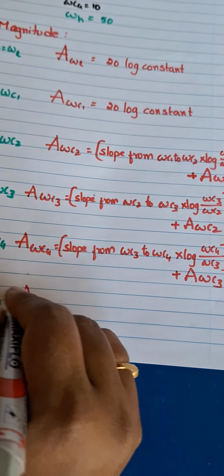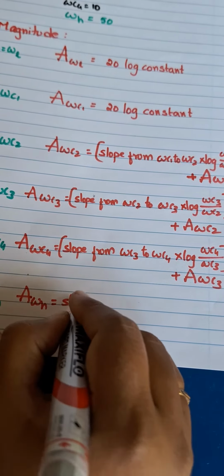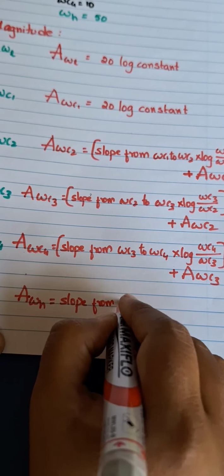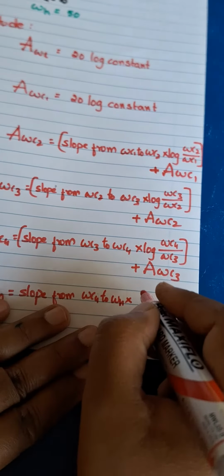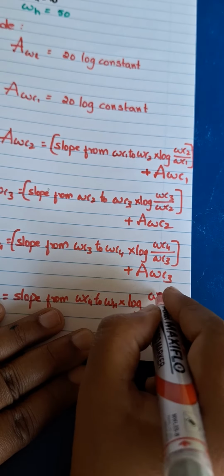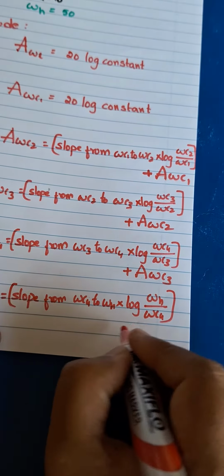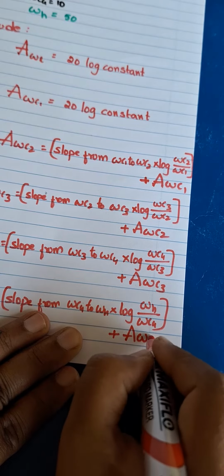For omega h, it will be slope from omega C4 to omega h into log of highest value by lowest value, plus previous magnitude omega h.